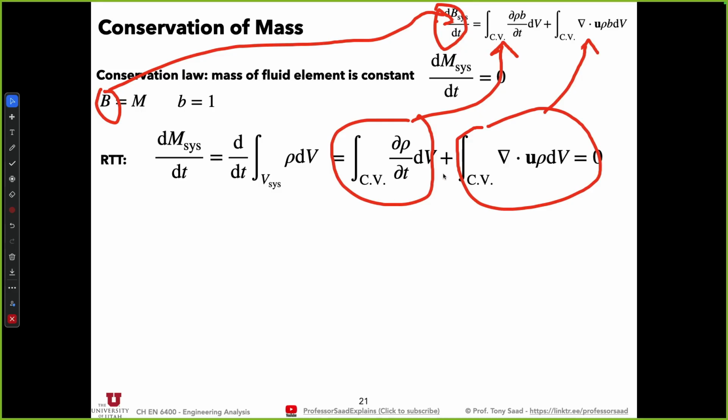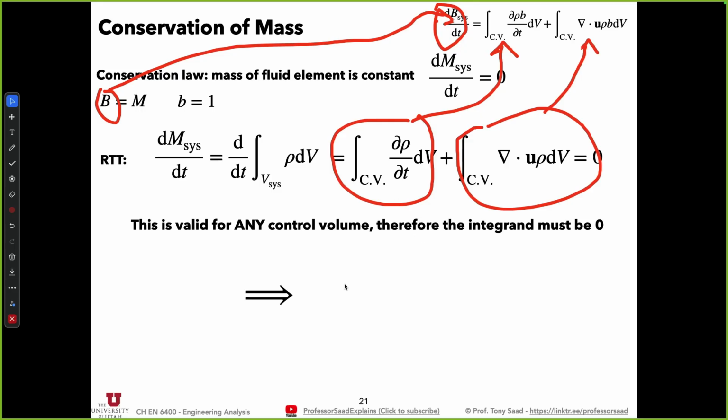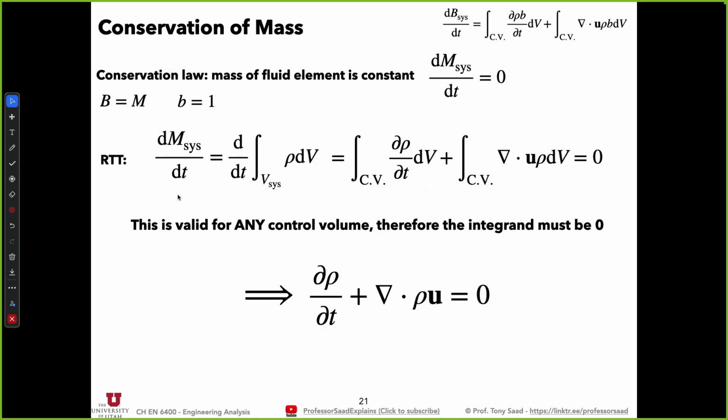So this means that the integrand itself is equal to 0, and that gives us the continuity equation. d rho by dt plus div rho u is equal to 0. Okay, so that gives us that continuity equation. We derived this. This is consistent with what we derived before, so that's great. But that gives us the continuity equation in a more rigorous form.